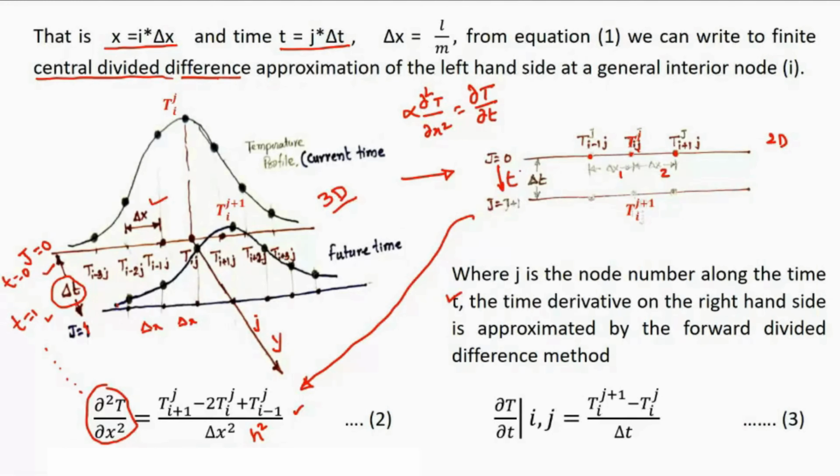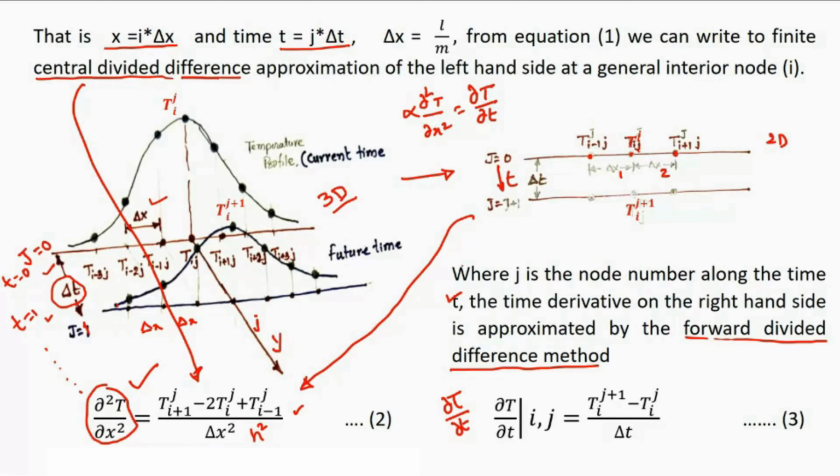The time derivative on the right hand side is approximated by the forward divided difference formula. Here we are using two concepts: the forward divided difference method to find the value of ∂T/∂t, and for the other term we are using the central divided difference formula.